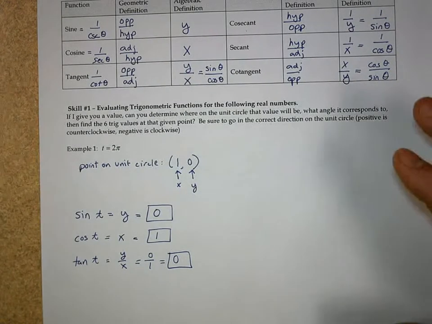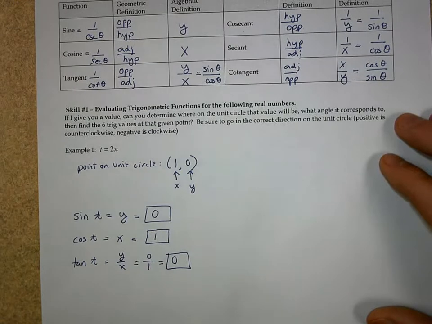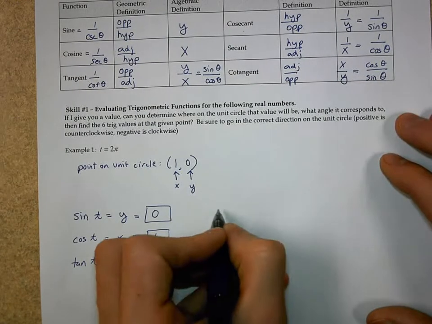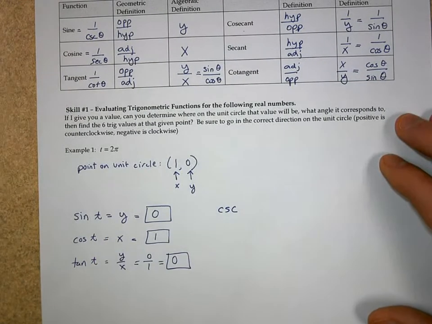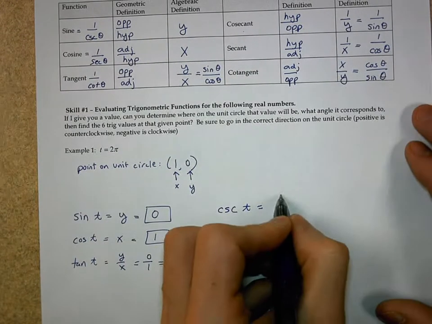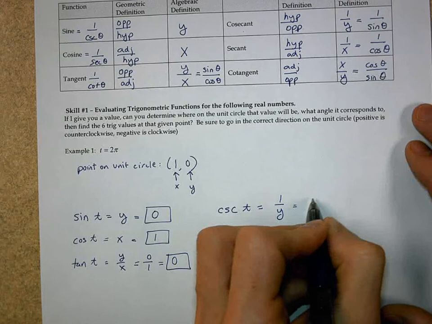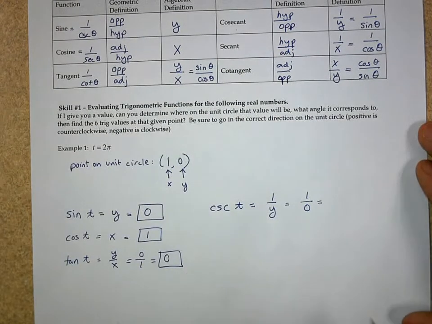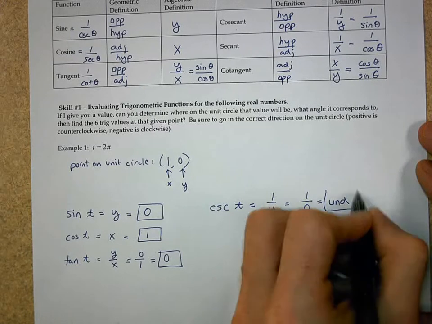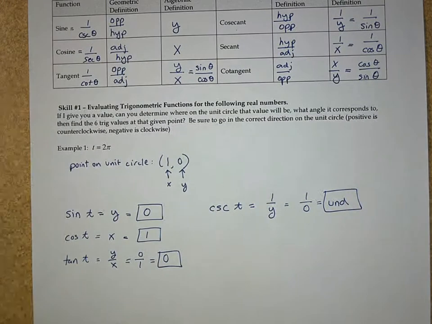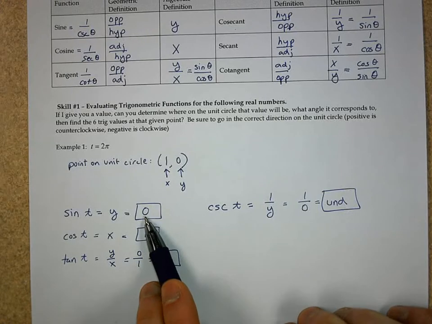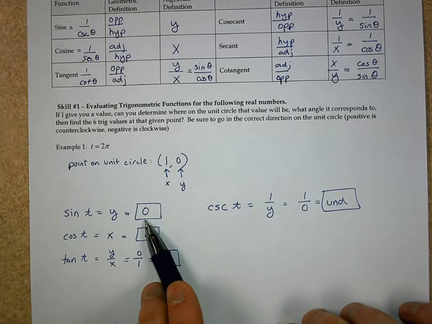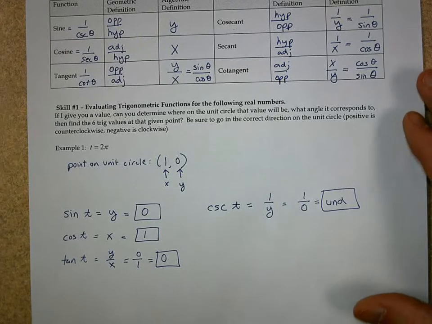We can use the exact same thought process then for the reciprocal functions. Cosecant, which you write as CSC, is going to equal 1 over y, which is 1 over 0, and we know 1 over 0 is undefined. So cosecant will be undefined. I can also see that by looking at sine being 0, and if I put anything over 0, I'm going to be undefined.